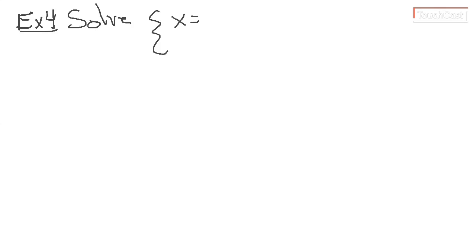So we'll call this one example 4, and we're going to solve the system x equals 2y minus 4, and the second equation is x plus 8y equals 16. So again, we don't have to do step 1.